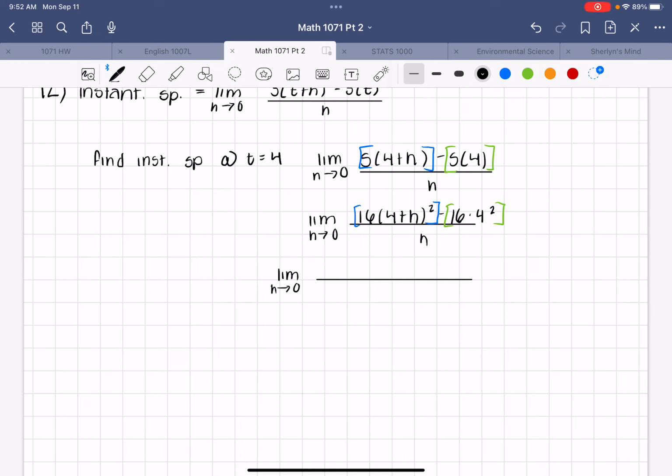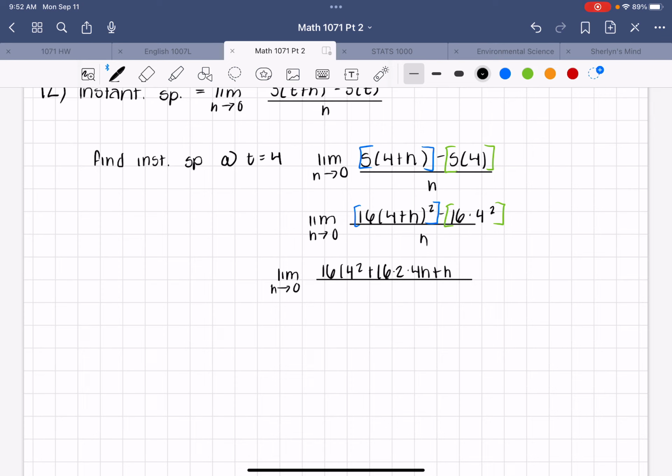Now distribute the 16. 16 times 4 squared plus 16 times 2 times 4h plus 16h squared minus 16 times 4 squared. And now you see your subtraction. 16 times 4 squared, subtract 16 times 4 squared.